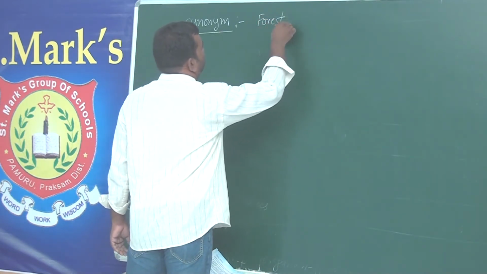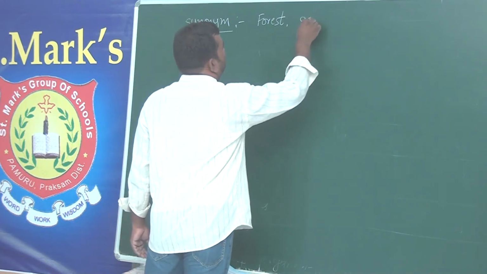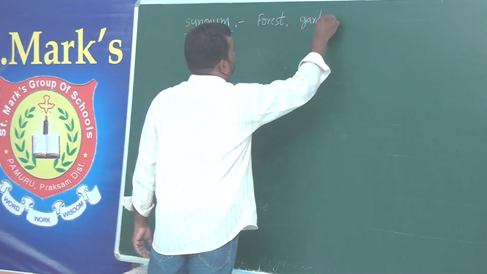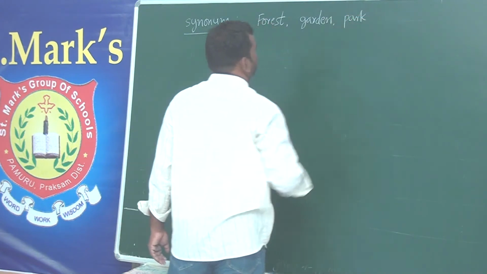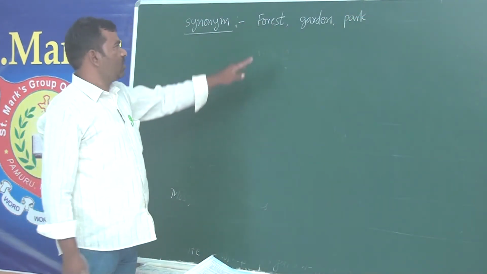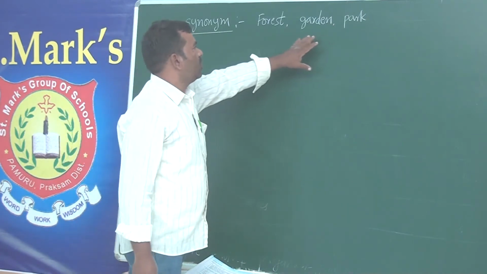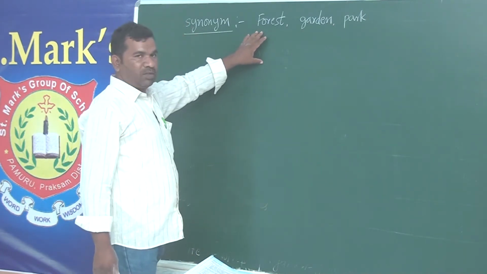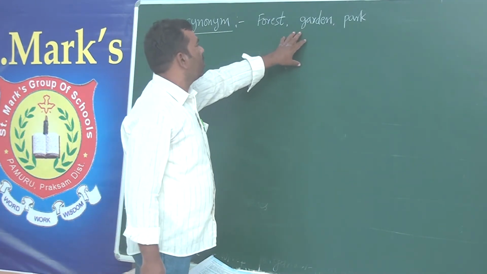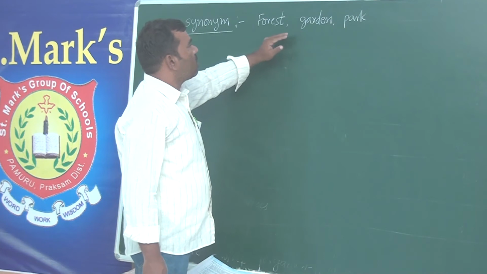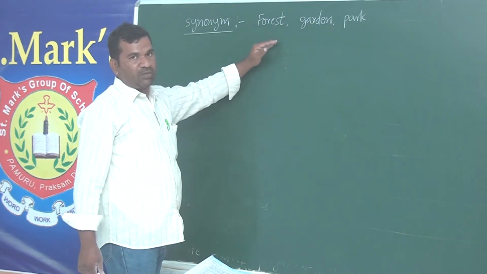forest, garden, park. Do you see? Forest, garden, park. What is the similarity between these three? These all are pieces of land with a lot of trees.